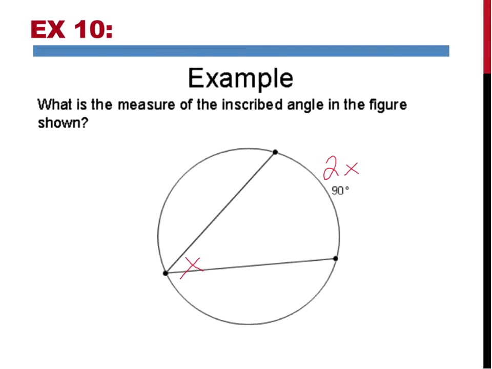This one's x. This one's 2x. The one on the outside is twice as big. So Gehrig, what do you think x is? 45. How did you find that? He divided by 2. So when we're going one direction, we're multiplying by 2. When we go the opposite direction, you're dividing by 2.